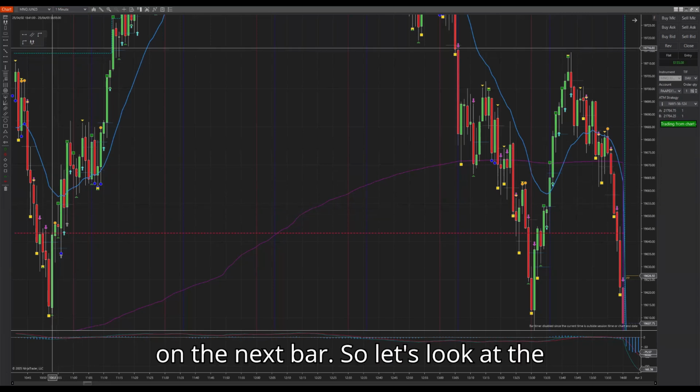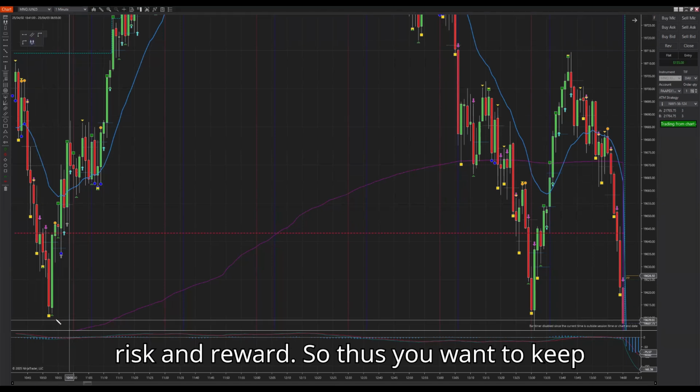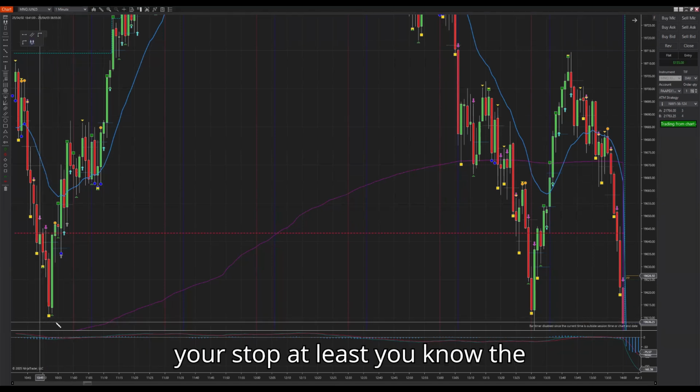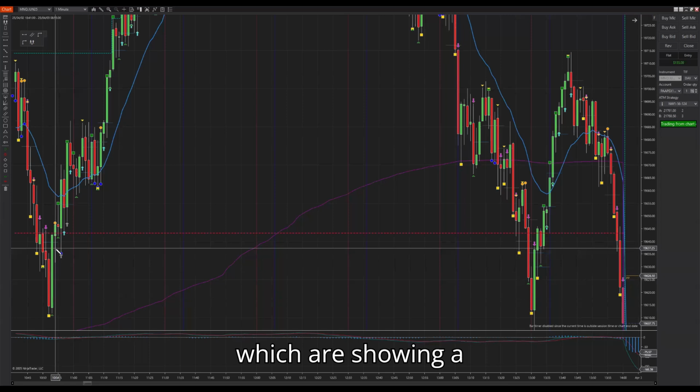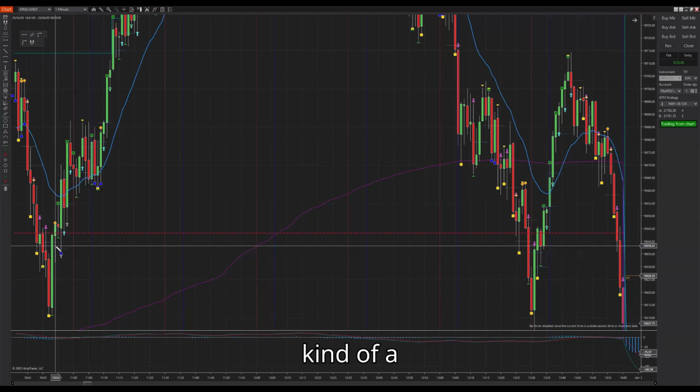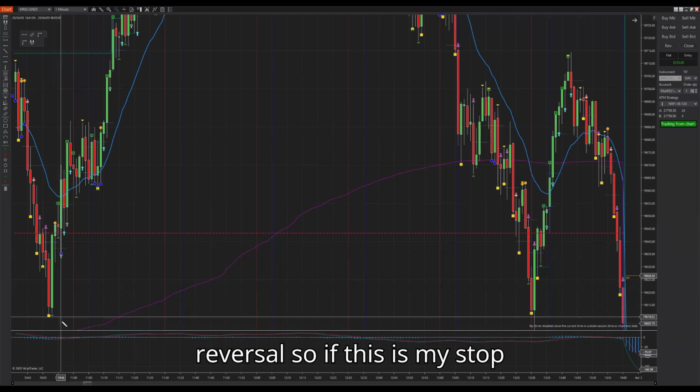bar. So let's look at the risk and reward. So you want to keep your stop at least at the prior couple of bars which are showing a kind of a reversal.